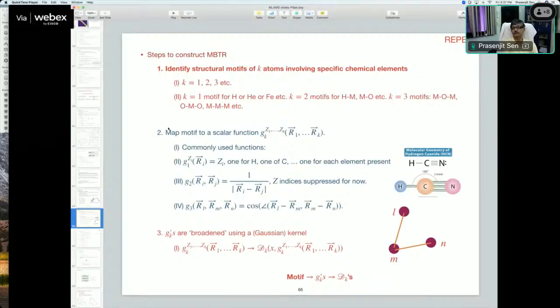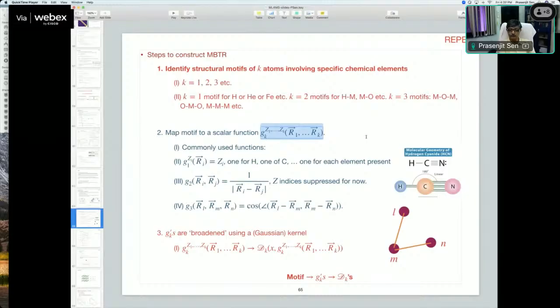And the particular thing was that these motifs are captured by, so you capture the motif and then you map that motif to some scalar function g. K is the size of the motif, so k equal to 1 is just 1 atom motifs, that is individual atoms.